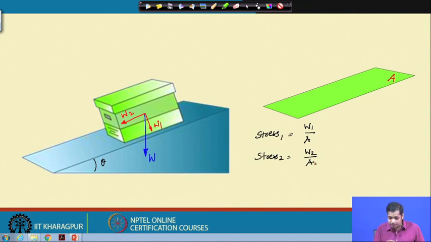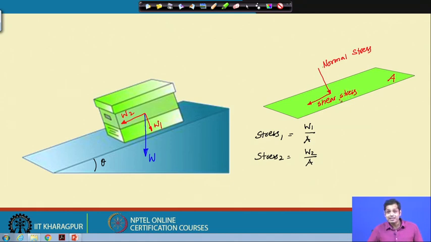Now, we have two stresses. One stress acts normal to this plane, and the other acts along this plane. This stress is called normal stress, and this stress is called shear stress.